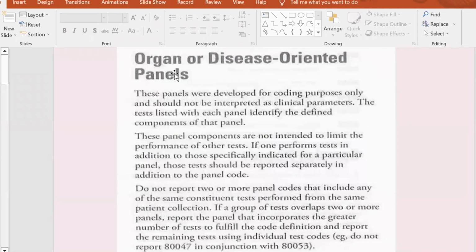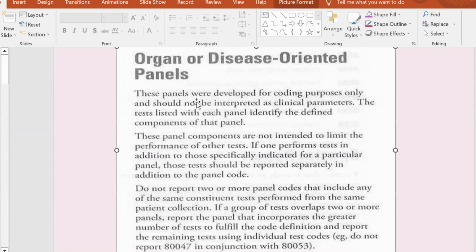First we can see the organ or disease oriented panel. What is this panel? These panels were developed for coding purposes only and should not be interpreted as clinical parameters. The tests listed with each panel identify the defined components of that panel.